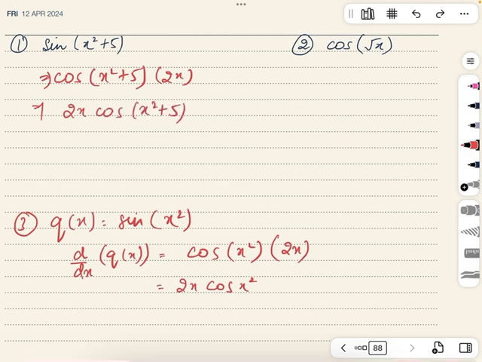Finally, we have cos of root x, which can be written as cos of x to the power of half.